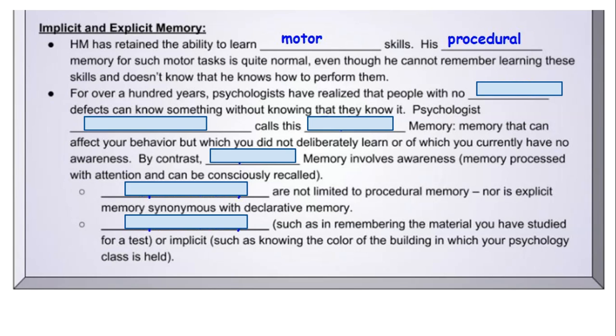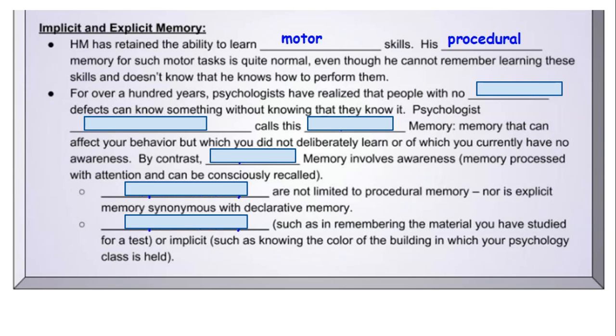His procedural memory for such motor tasks is really normal. Even though he can't remember learning these skills, he doesn't know that he knows how to perform them. So with zipping a coat or tying his shoes, he can learn those things, but he doesn't realize that he consciously was trying to do that at some point in time.